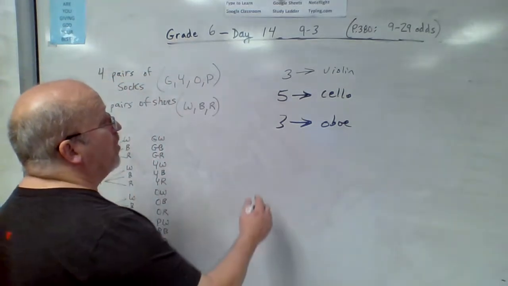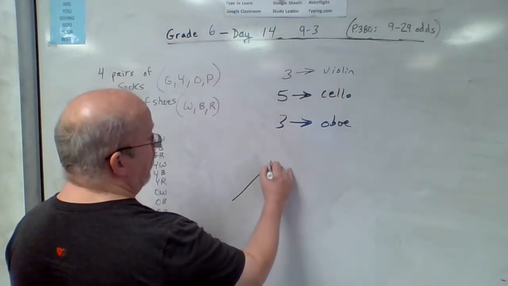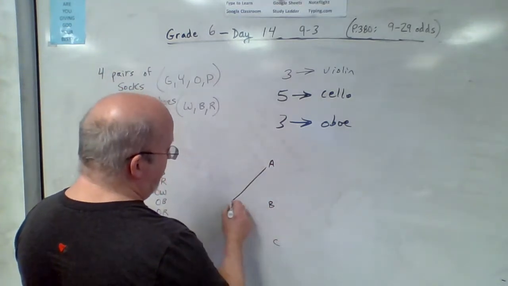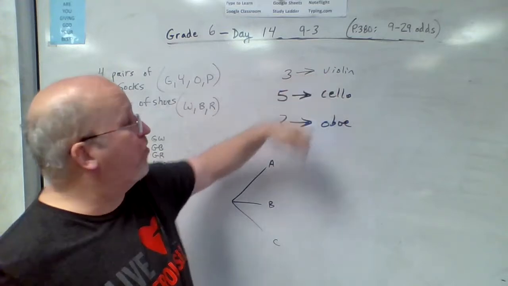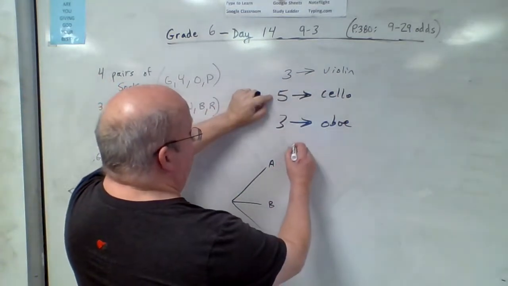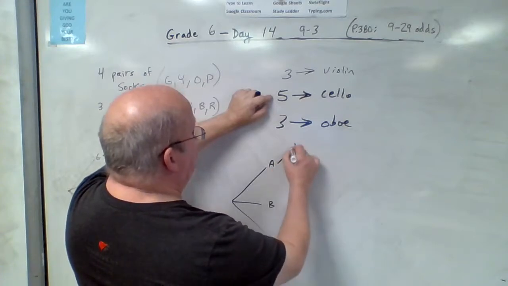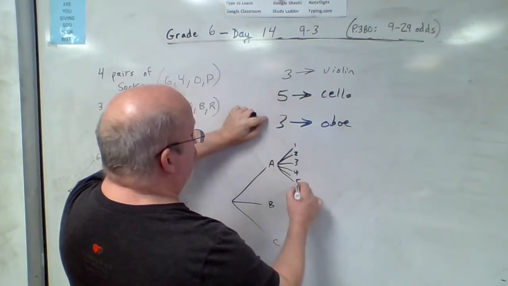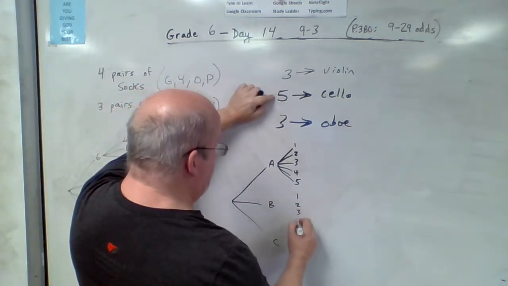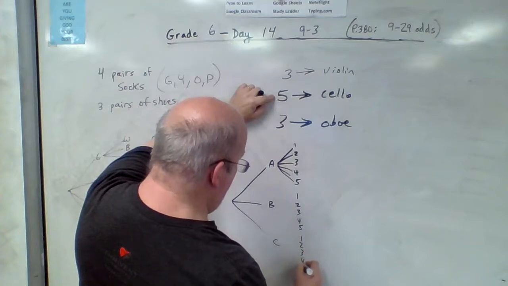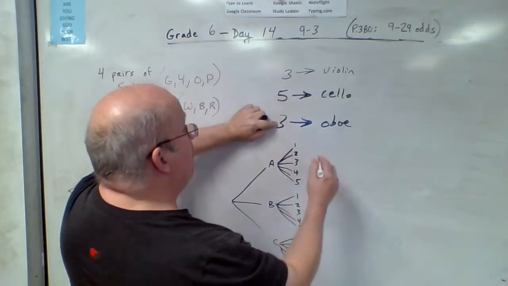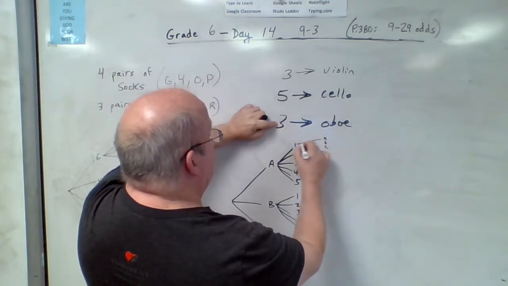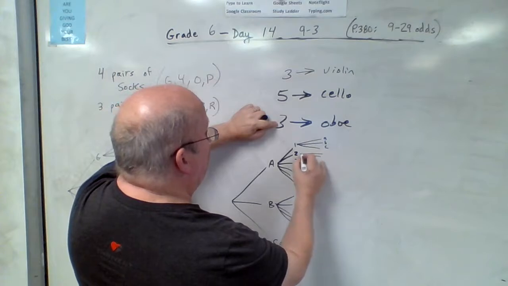Well, again, you could create a tree diagram, but that's going to get pretty complicated. Let's imagine that A, B, and C represent the 3 violinists trying out for the orchestra. And then let's imagine that 1, 2, 3, 4, and 5 represent the 5 different people trying out for the cello position. And then we're going to use small letters a, b, and c to represent the 3 people trying out for the oboe position.